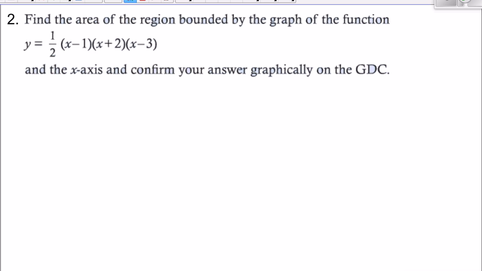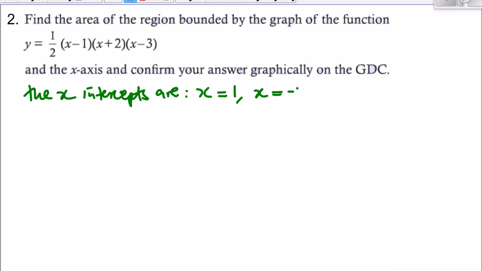The x-intercepts are x is equal to 1, x is equal to negative 2, and x is equal to 3. We also may be interested in finding the y-intercept.